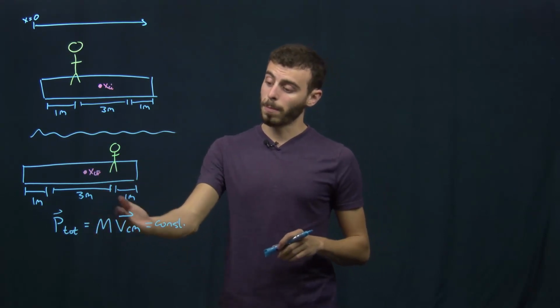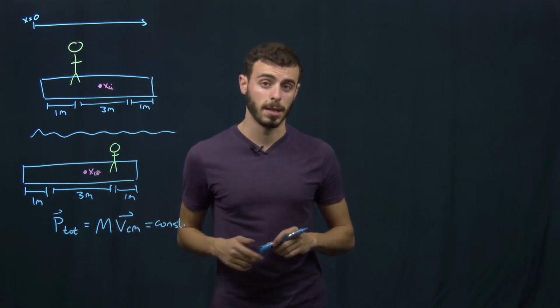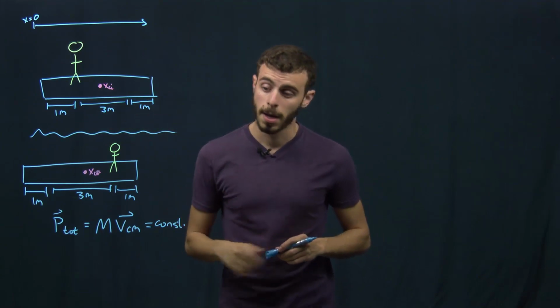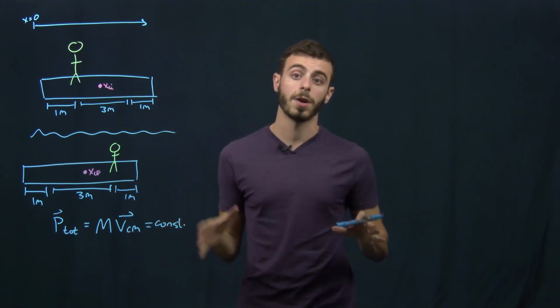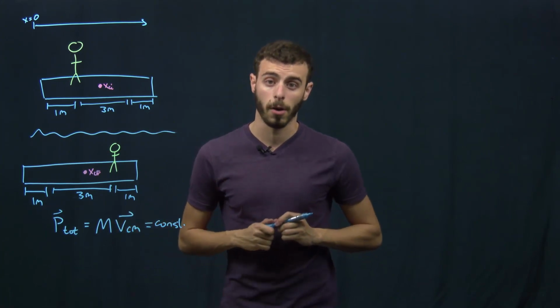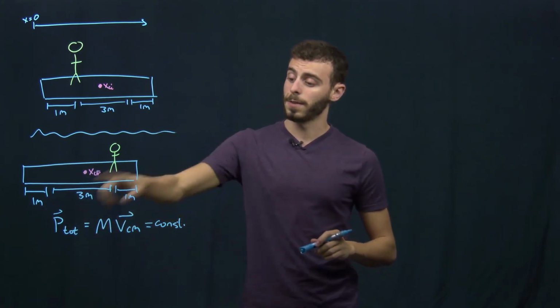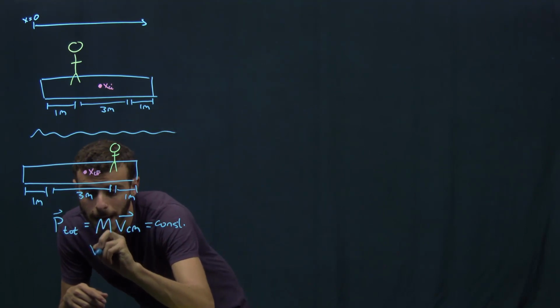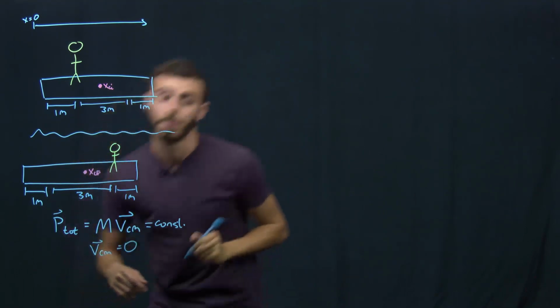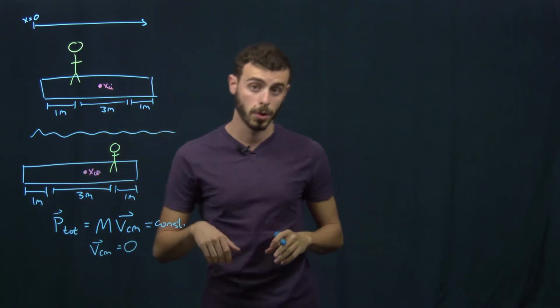We can say that the total mass times the center of mass velocity is constant, but also it starts at rest. So our center of mass velocity starts at 0, and if it starts at 0, it's going to have to remain at 0 at all times. So this actually is a very important step, in that we can now say the center of mass velocity is going to be 0 at all times in this system's motion.